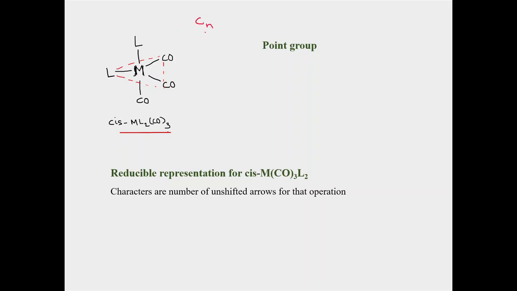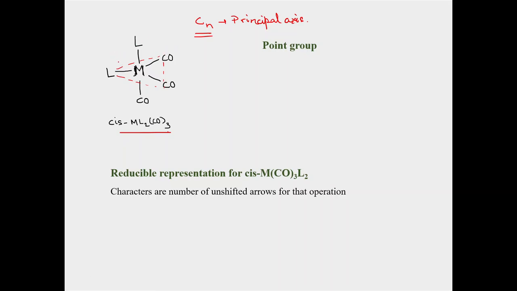Does it have any Cn axis? Cn means the principal axis. Is it having any principal axis? Anyone? Okay. Actually, if we see, there is no principal axis in this complex.